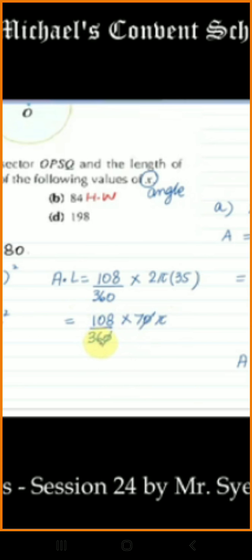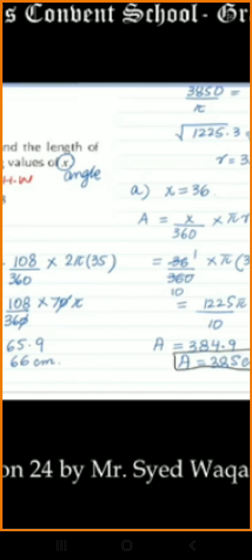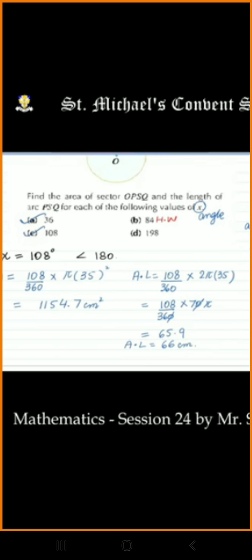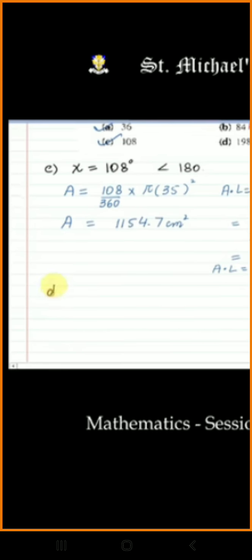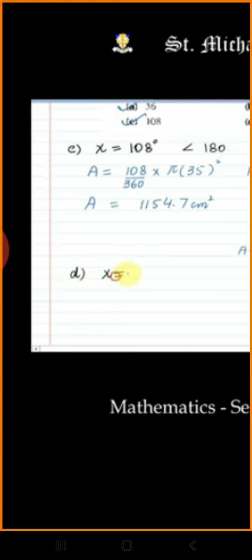So 108 times 7 times 3.142 divided by 36 is 65.9. So we can say that arc length is 66 centimeter. So part A and part C are done. For the last part, part B, angle is 198. Now the angle is greater than 180.